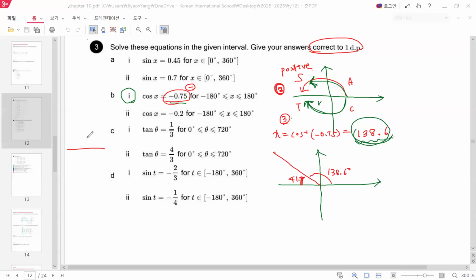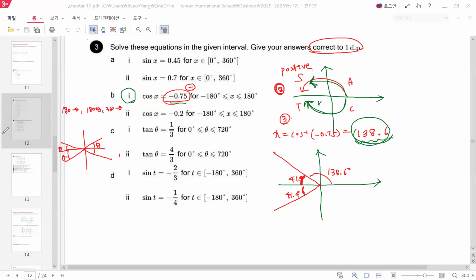Because when we calculate the angles, we always use theta here. 180 minus theta, please bring back your memory. 180 plus theta and 360 minus theta, right? So you need to find this angle. And then the third quadrant one should be located here, which is this one, 41.4 degrees.